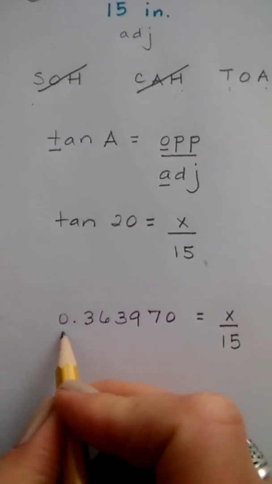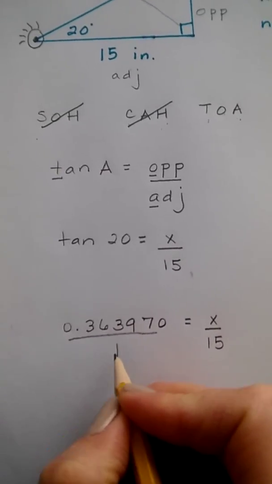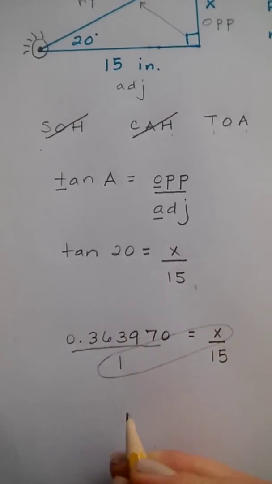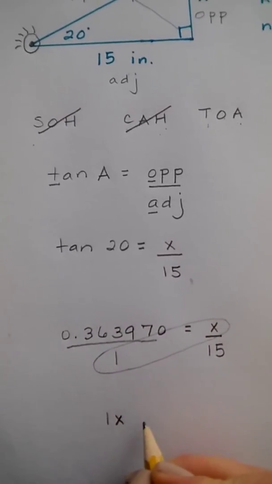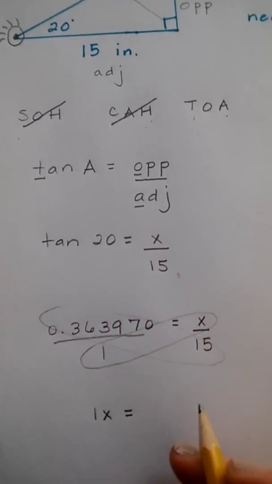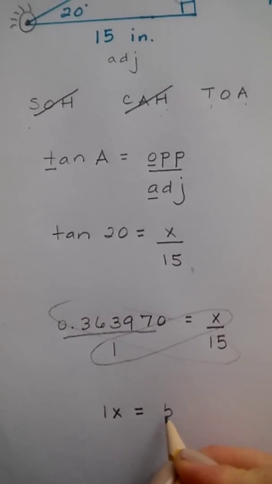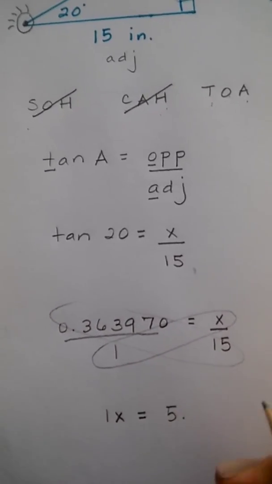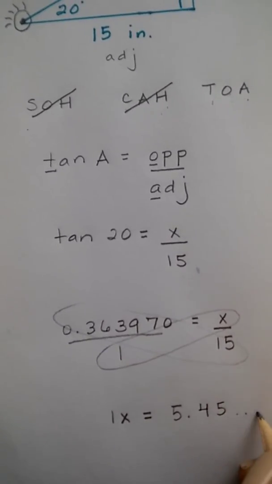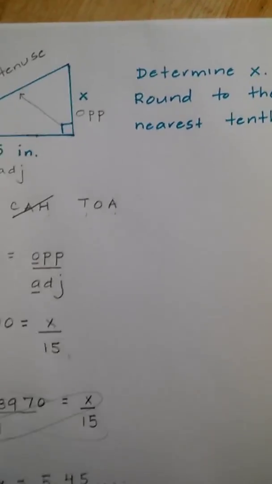We're going to turn this into a cross-multiplying problem. In this direction, we have 1x. And in this direction, we need 15 times that decimal, which comes out to 5.45, and it keeps going. Now, my original directions said round to the nearest tenth.